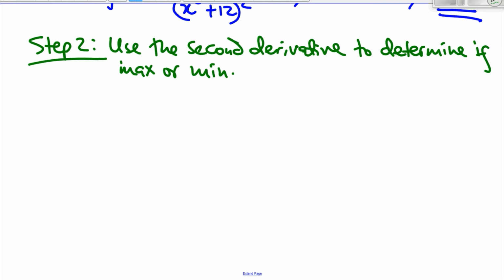Okay, so what do we need to do? We need to take our critical point and plug it into the second derivative. So at x equals to 0, what will be the value of the second derivative?